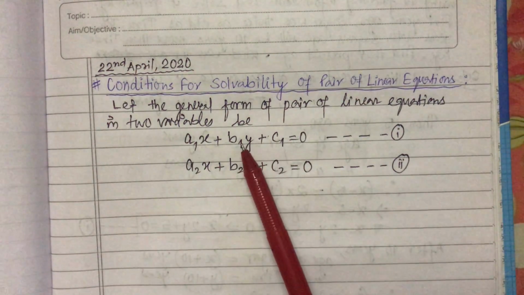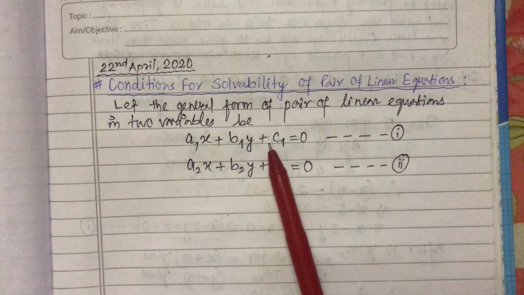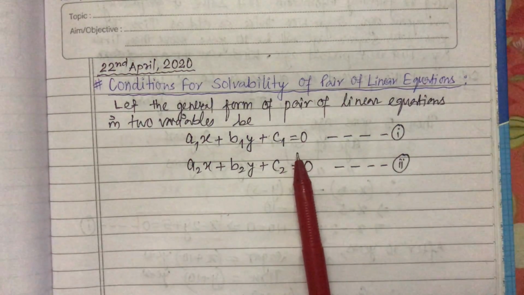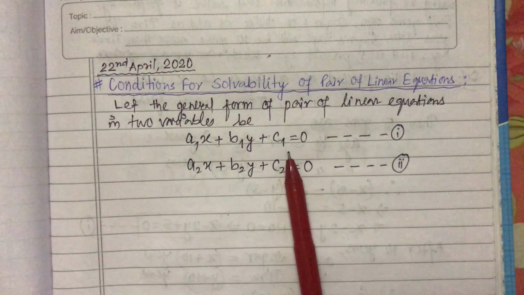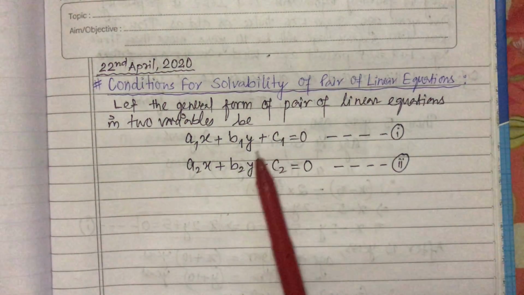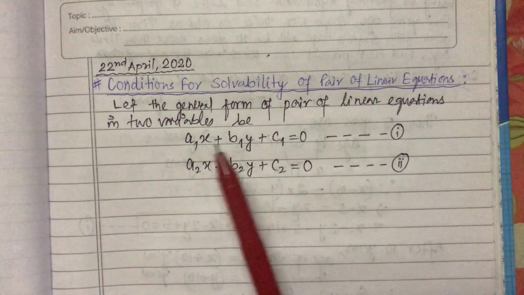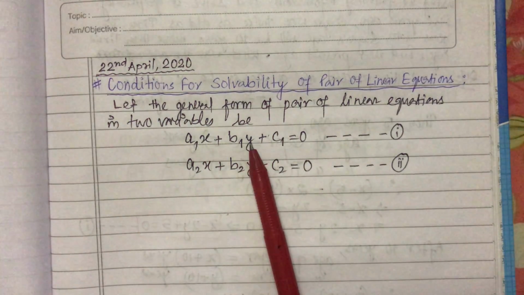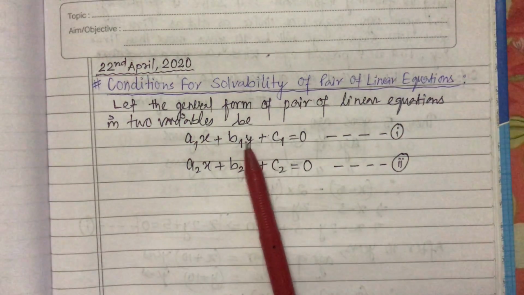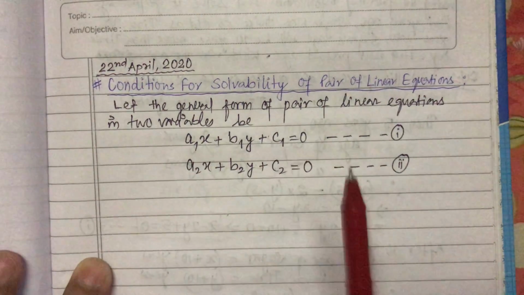Whatever we did in our previous classes was the graphical method, but here it is different because we are going to learn the algebraic method. We will not use a graph to find the solution. Instead of using a graph, we will make use of a certain method to find the values of x and y algebraically. But before using those methods, if I know the condition, it will help me a lot.